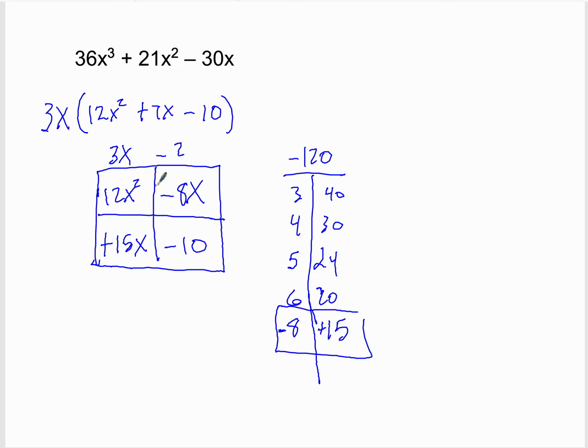Then 12x squared and 8x, the common factor would be 4x, and 15x and minus 10, the common factor is 5. So I need to have 3x times 3x minus 2 times 4x plus 5. So this adds an extra step where you have to factor out the first term and then build your box and figure out your binomial.